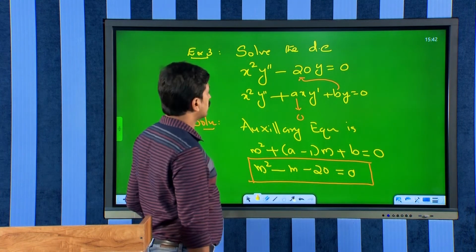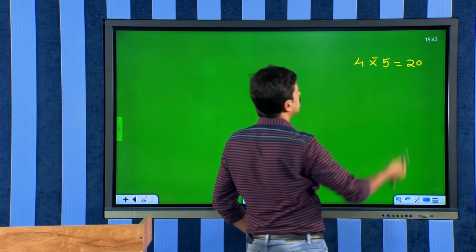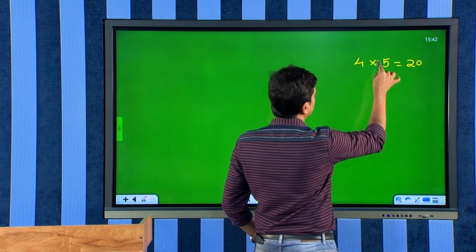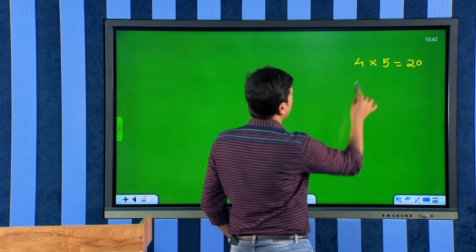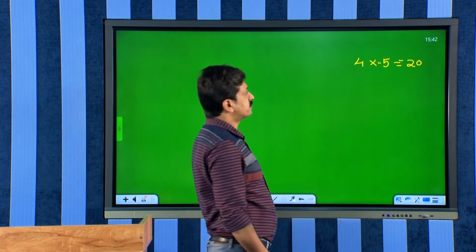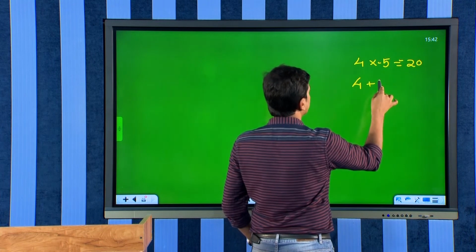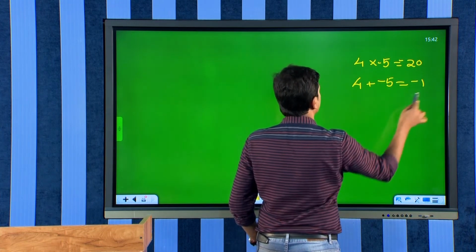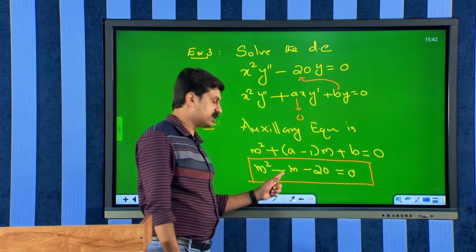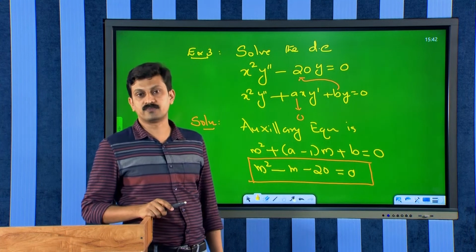So, for that, dear students, to get the sum minus 1, instead of 5 we put minus 5. So the product will be minus 20, and 4 plus minus 5 is equal to minus 1. I think you understood: their sum is equal to minus 1 and their product is equal to minus 20.